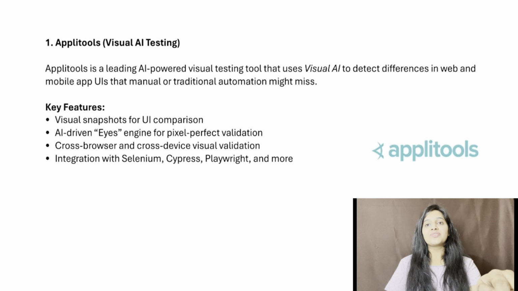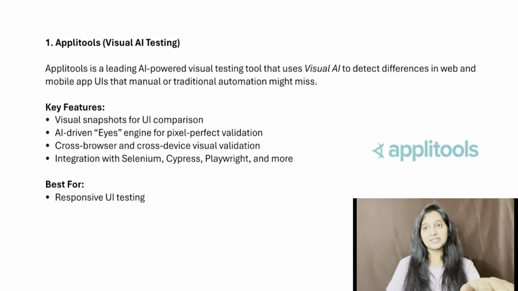Integration with Selenium, Cypress, Playwright and more is possible. So if you want your application to look good all the time, this is best suited. You can explore more on this tool.